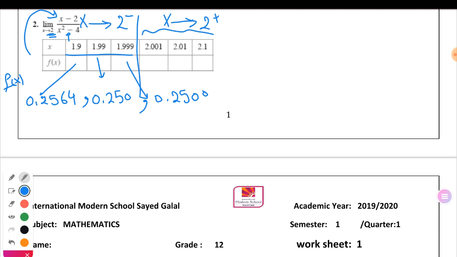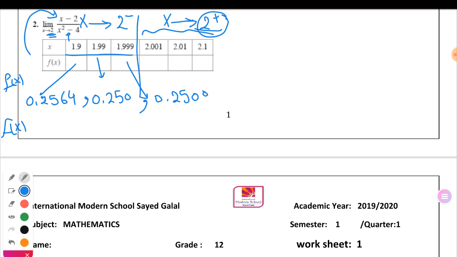Those are the values of f(x) for the values of x which approach 2 from the left. Now find f(x) when x approaches 2 from the right. What is the meaning of right? More than; I refer to bigger than. As you know, a number bigger than any other number is at its right.